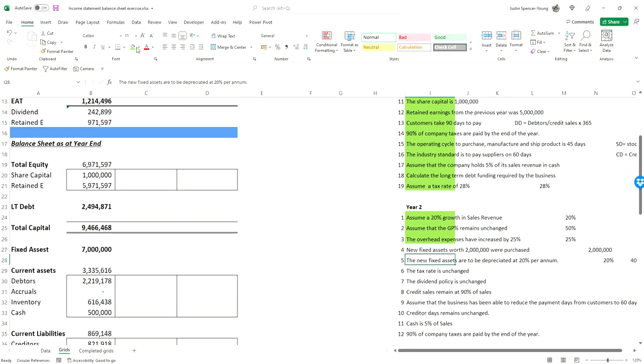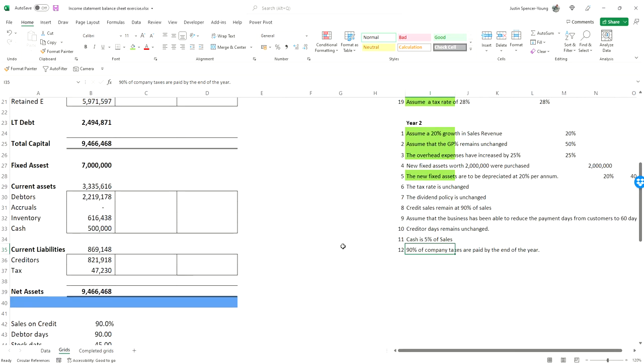The depreciation I'm going to paint green. Tax rate unchanged, dividend policy unchanged, credit sales 90%, creditor days remains unchanged, cash is 5% of sales, 90% of the company taxes are paid by the end of the year.